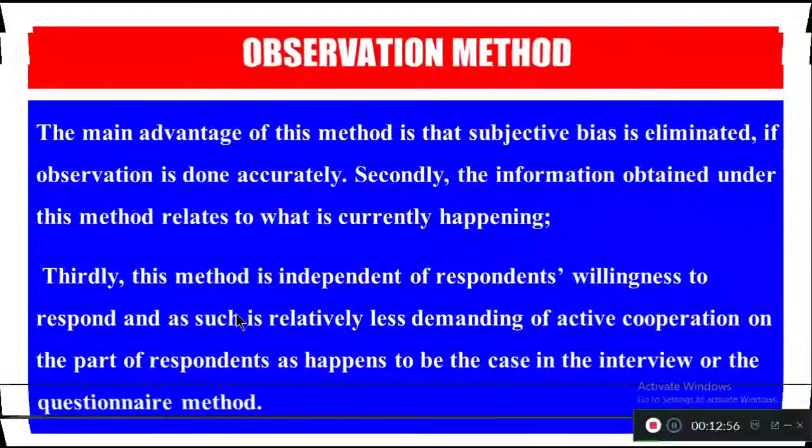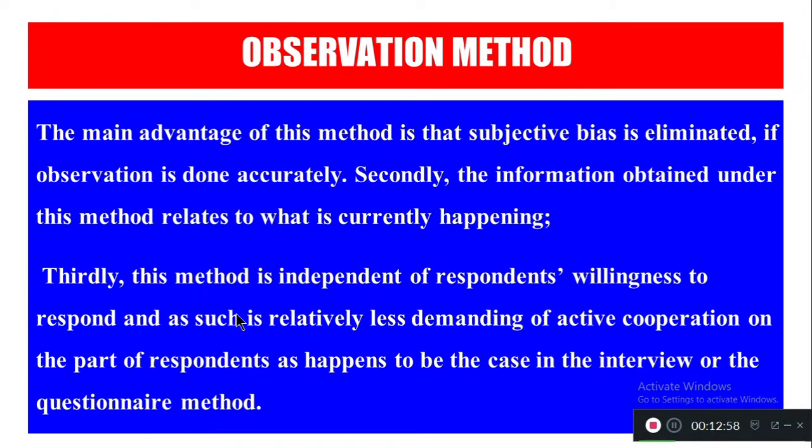The advantage of direct observation is that subjective bias is eliminated. For example, I myself see which product you are buying among the cool drinks. If someone says that this product is sold mostly, that may be an error.